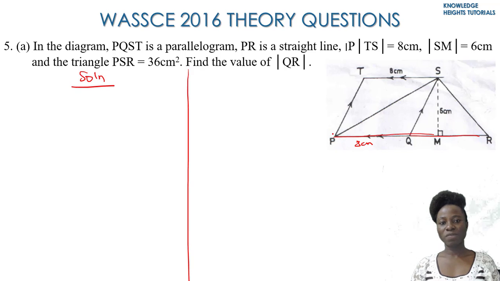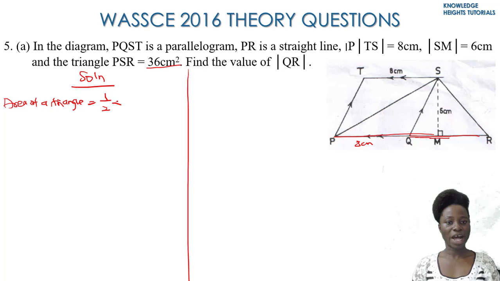We have been given the triangle PSR to have an area of 36 centimeters squared, and we have to find line QR. So since line QR is part of the triangle whose area has been given, we know that the area of a triangle is what?